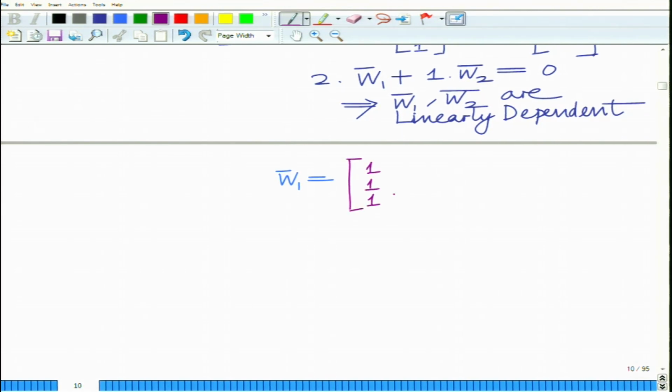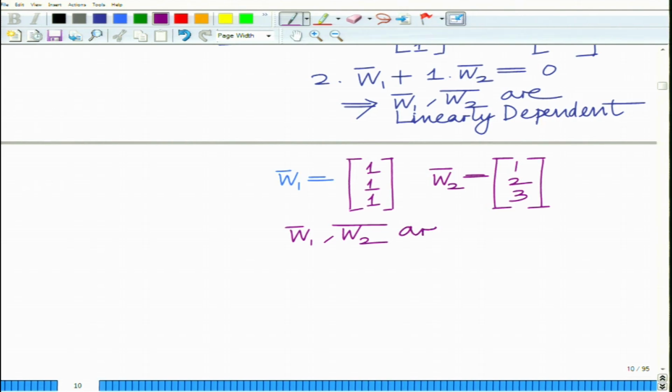(1, 1, 1) and w bar 2 equals, well, (1, 2, 3). You can quickly verify that w bar 1 comma w bar 2 are linearly independent.